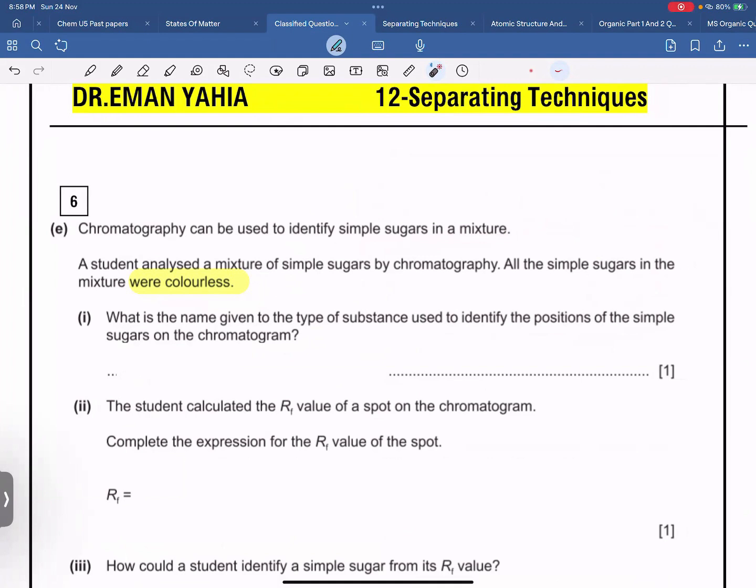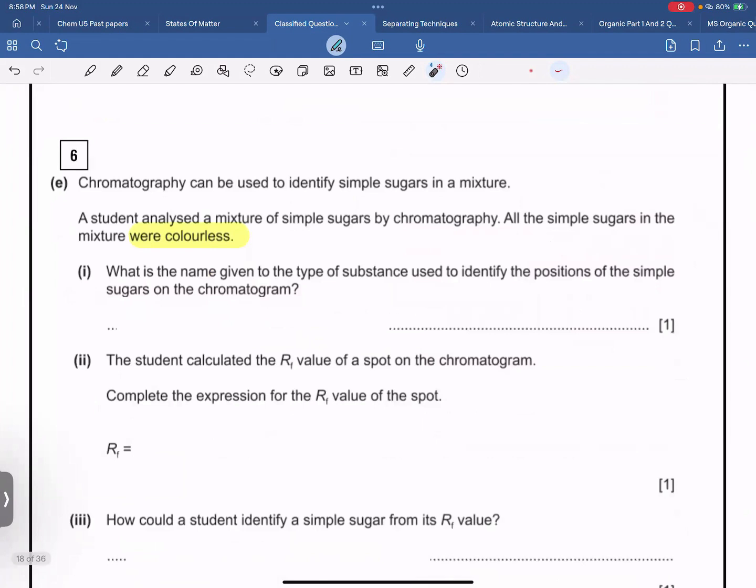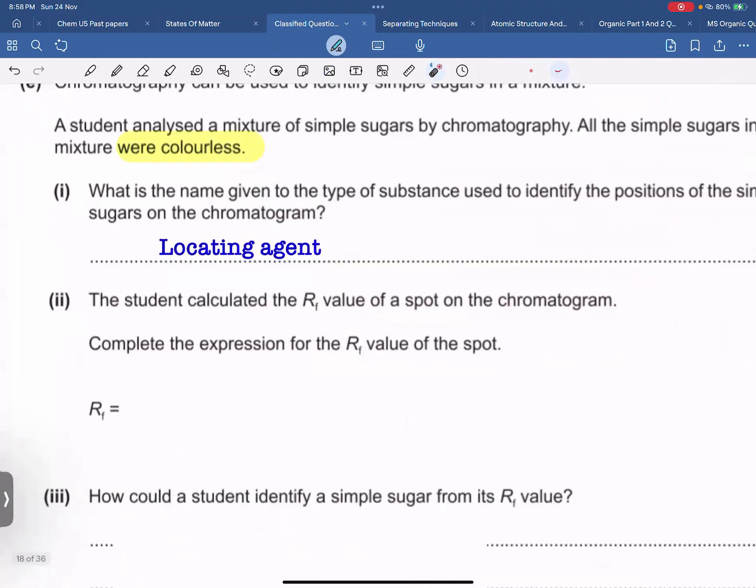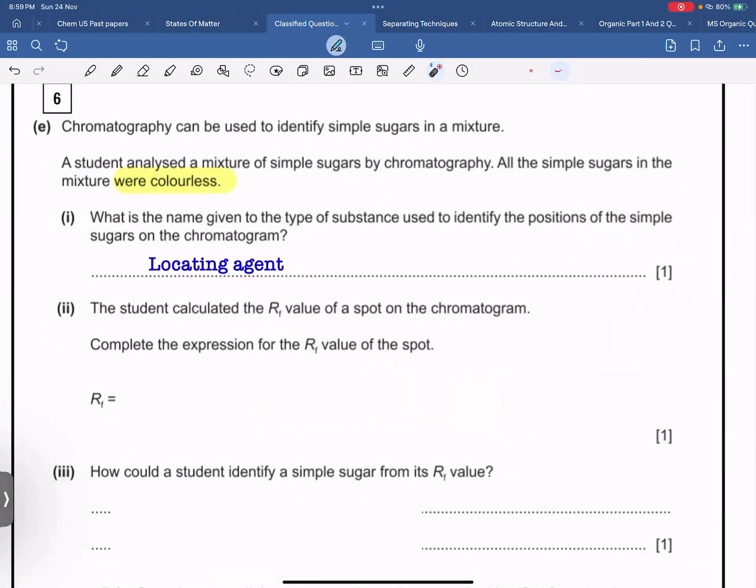A student analyzed a mixture of sample sugars by chromatography. All the sample sugars are a mixture without colors. What is the name given to the type of substance used to identify the position of the sample sugars on the chromatogram? Use a locating agent. The student calculates the RF of a spot on the chromatogram. Complete the expression for the RF value of a spot.